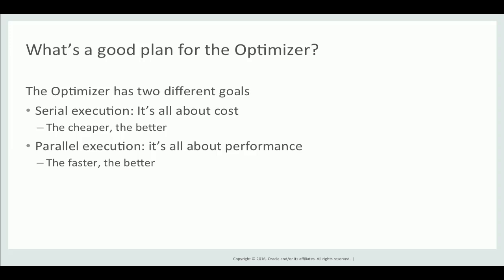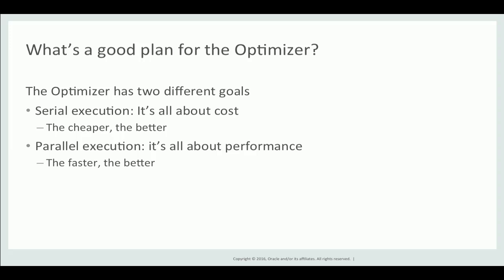If, on the other hand, you're running a query using parallel execution, so you're starting multiple processes to execute that query, then the Optimizer's goal is all about performance. The faster, the better. How can I execute this query as fast as possible?